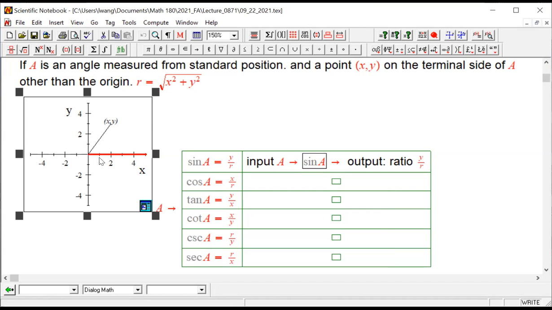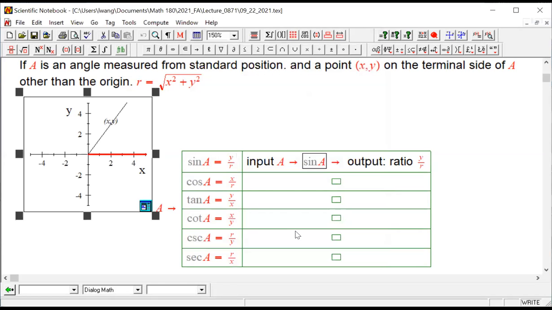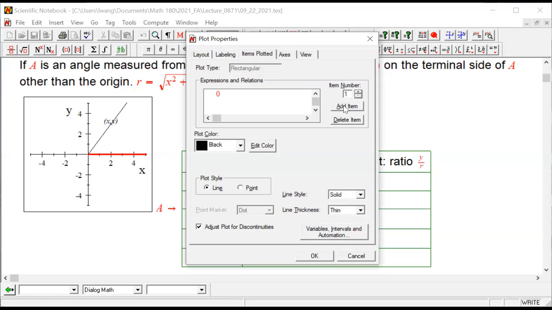You can see this line can be longer. Okay, so let's make it longer. The point X comma Y is just any point. It's any point.